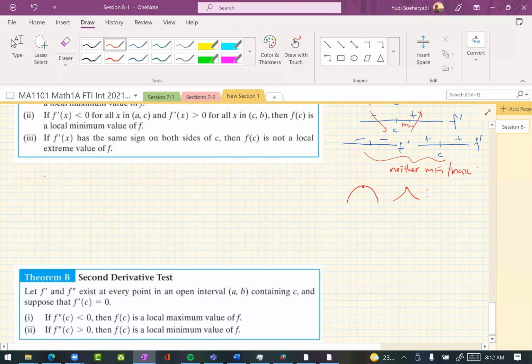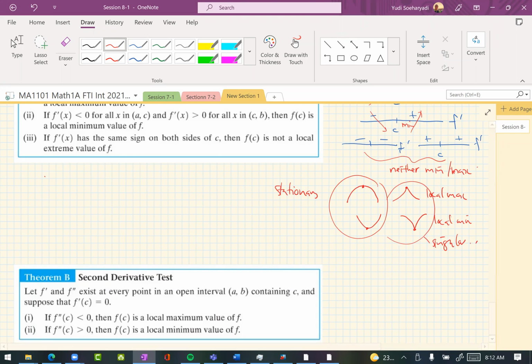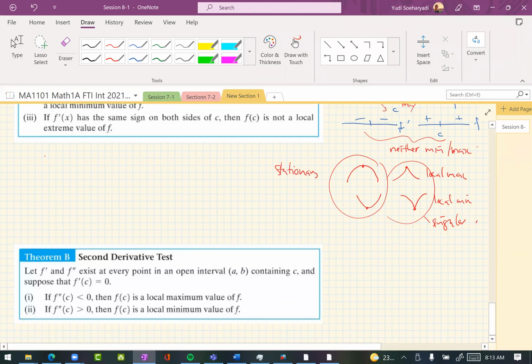So this is local max, and local min can be like this. In this case, this is a stationary point. This one is singular. See the difference?